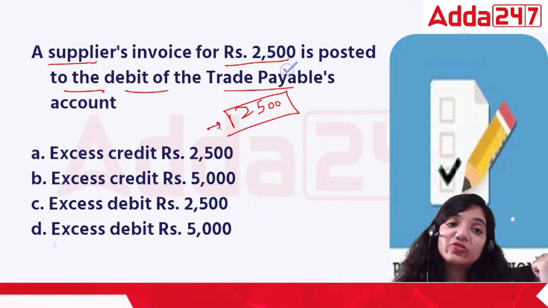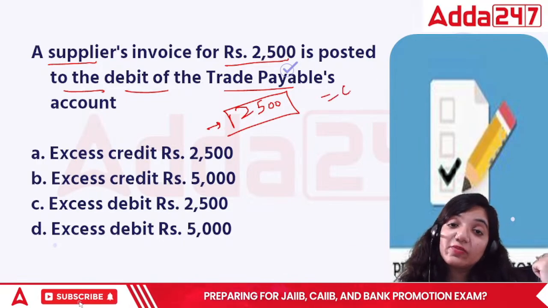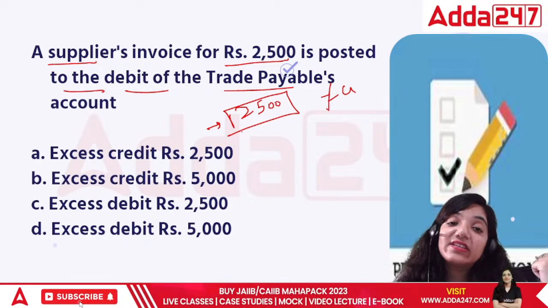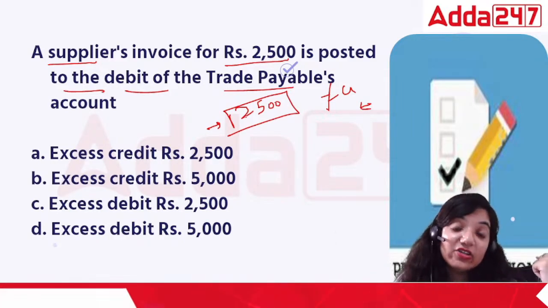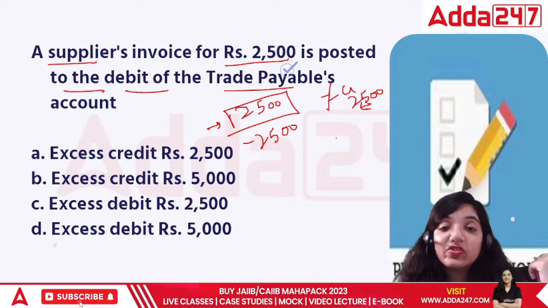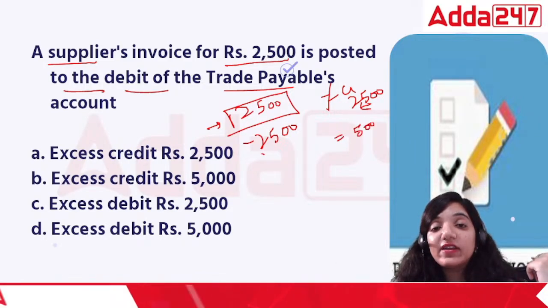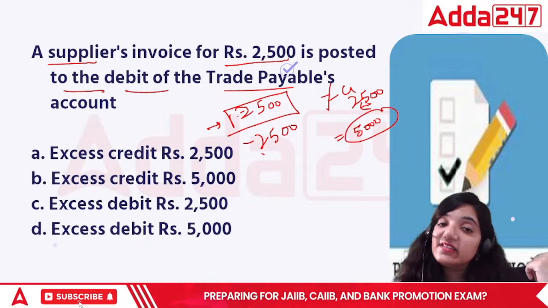So if it is posted to the debit, that means my debit side and credit side is not matching. Why? Because things which were supposed to be on the credit side are recorded on the debit side. So first of all, I will have to remove this 2,500 and add 2,500 here. So the correct rectification is you take this, you show 5,000 on the credit side and this is your debit side.